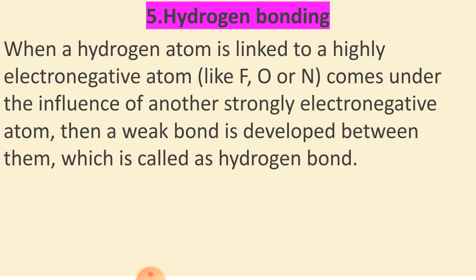That's why the molecules of ammonia, after forming H bonds, have a higher boiling point. So the boiling point of ammonia is more than phosphine, PH3. This is due to intermolecular H bonding. The answer is like this: ammonia has a higher boiling point due to H bonding.